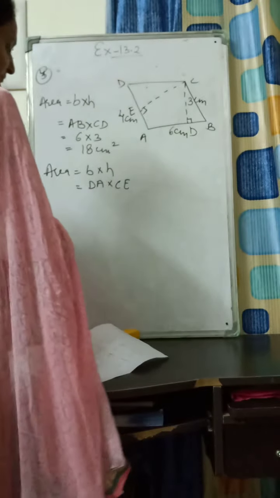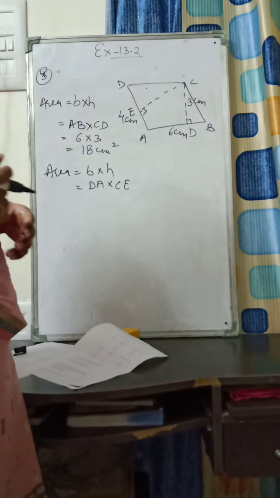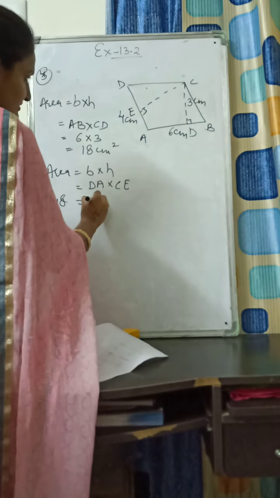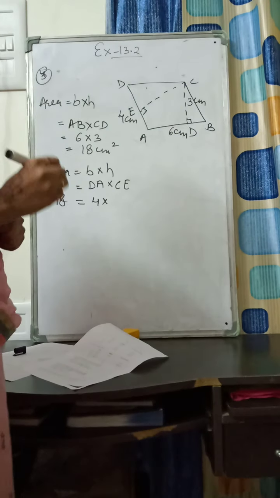Fine. So here we will use area equals to base into height, and here the base is DA and the height is CE. So we can put the value of area and the base DA. So area is 18, that is equals to 4 into CE.